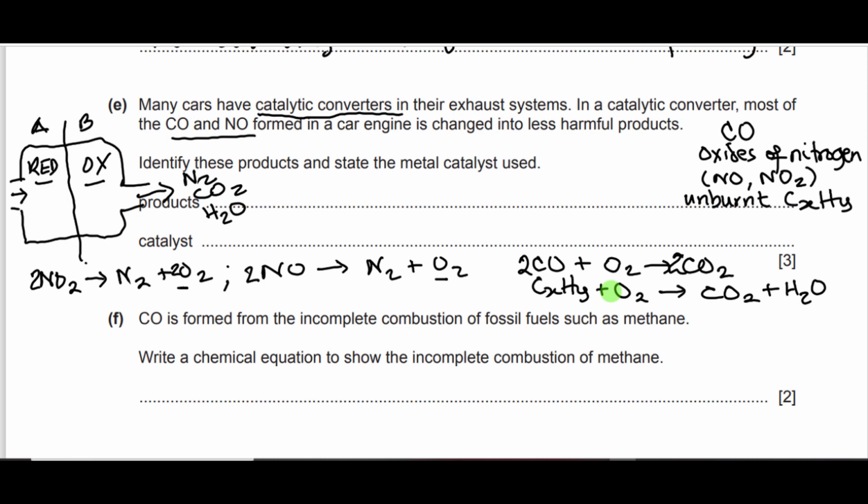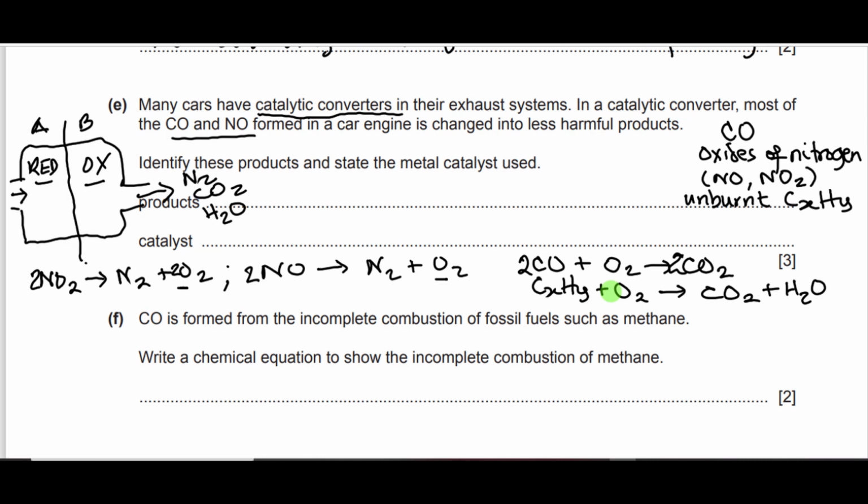So coming back to our question, we are told to identify these products and state the metal catalyst used. Here we are only told that in a catalytic converter, most of the CO and NO are converted, so our focus here is on CO and NO. We are silent on the unburnt hydrocarbons, so we will provide answers based on what is given to us in the question.